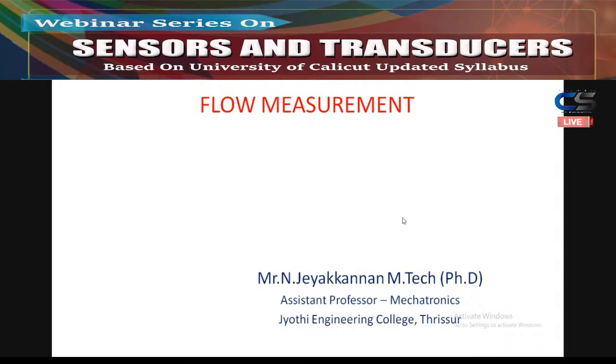Now, whenever we are measuring any physical parameter, measurement plays an important role. Can anyone say what is measurement? What is the definition for measurement?